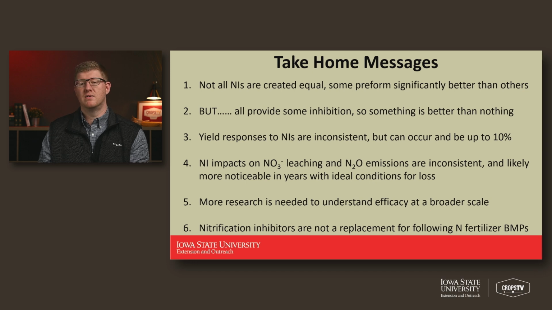So it's possible that maybe if there was an inhibitor there, maybe that's where we would have been more likely to see an effect. But I think the main takeaway is that we need more research to really understand how well these perform. We need longer term research to understand how well they perform.